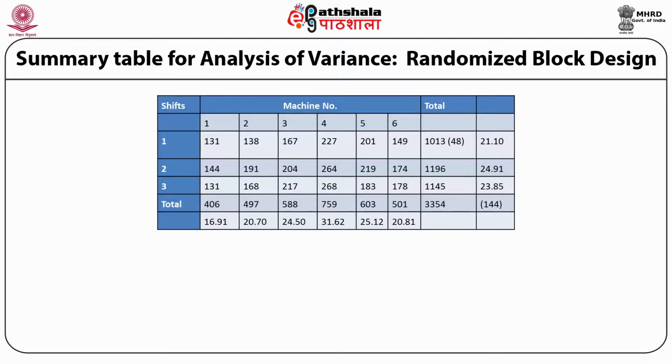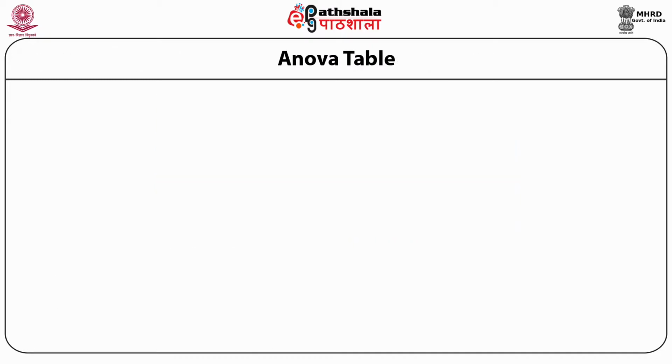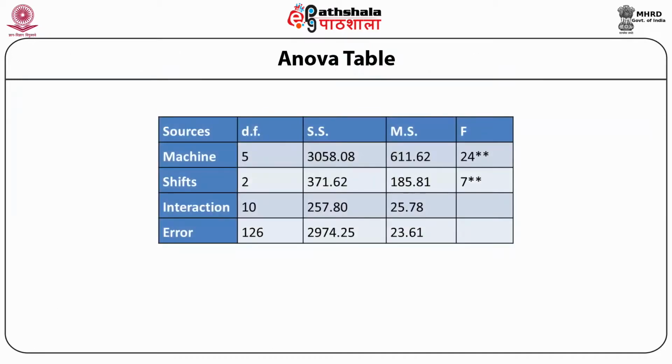When we work out the sum of squares of bottles, it comes out to be 3687.50, and like that you can find out the sum of squares for machines and the sum of squares due to shifts. Next is the ANOVA table, and it shows the F value at an alpha level of 1%, and you can see for machines it is 24 and for shifts it is 7.